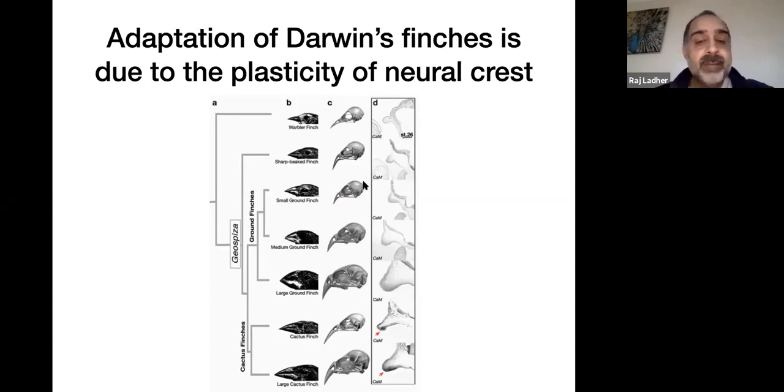And so we're getting to a point in which we're understanding that neural crest has these non-cell autonomous factors which drive particular processes like the timing of chondrification, some aspect of shape. But you also have these outside signals coming from the ectoderm or from the endoderm, which are able to drive morphology as well.